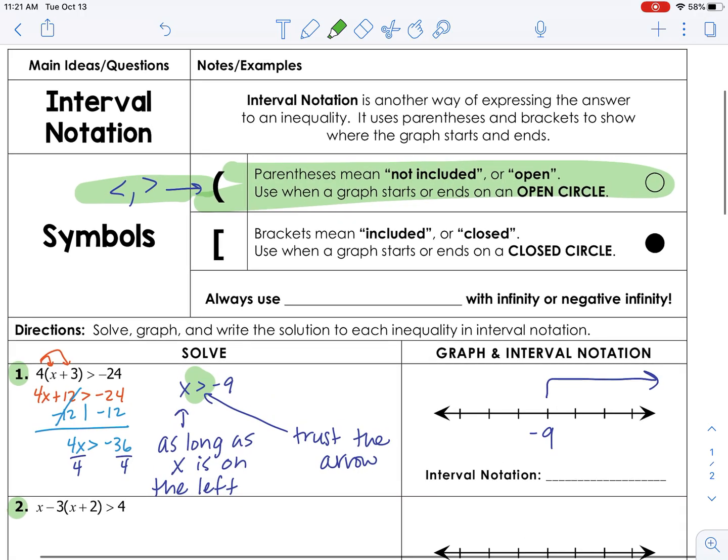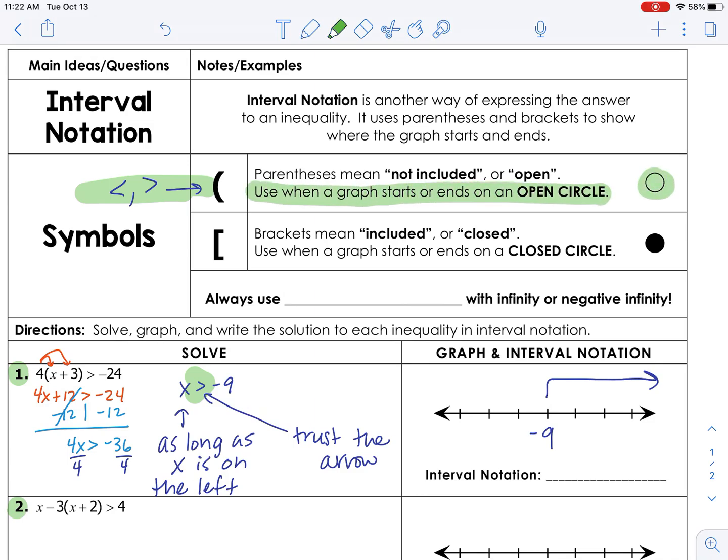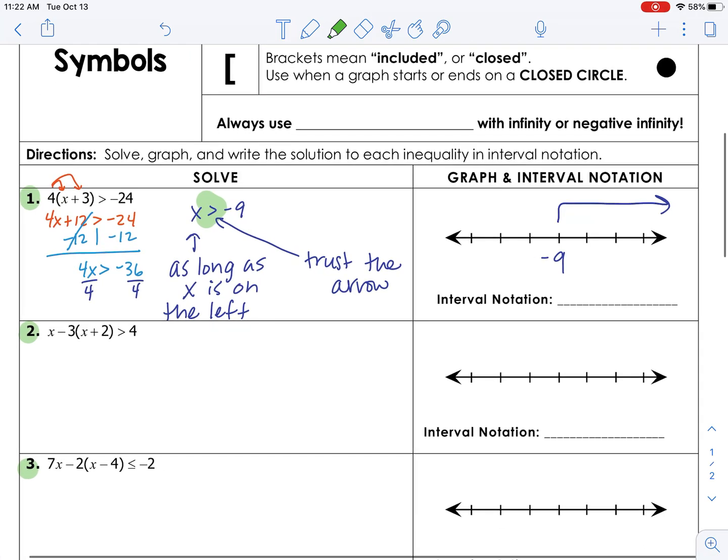I have greater than for my first problem, so I'm going to use this first row of information. For our graph, it says use an open circle when we have either less than or greater than.